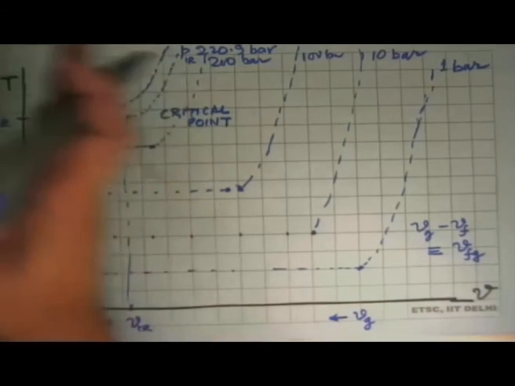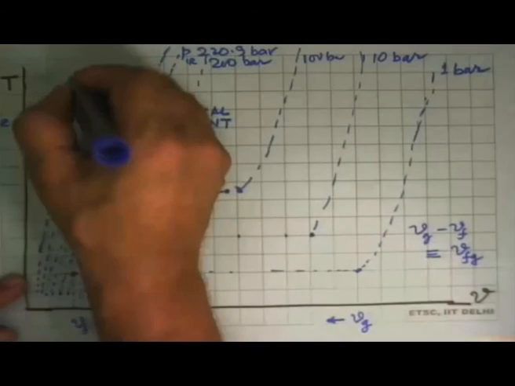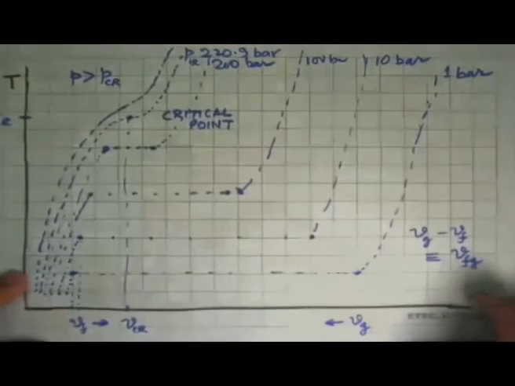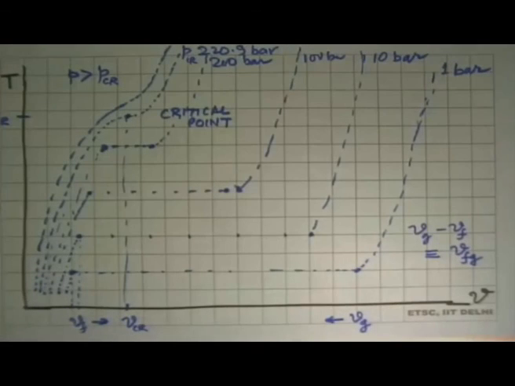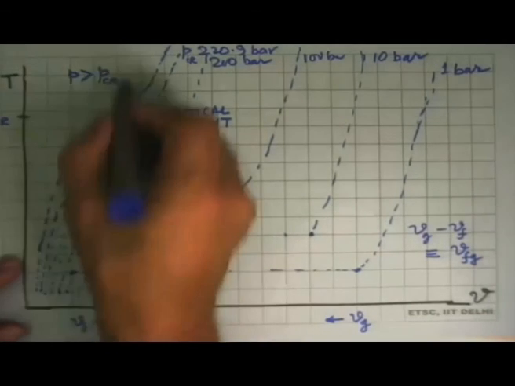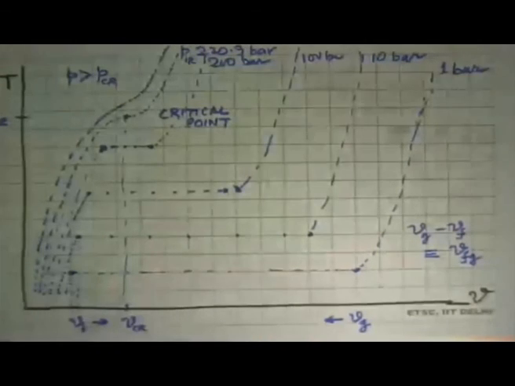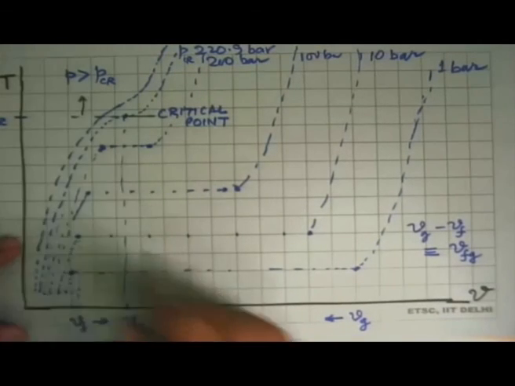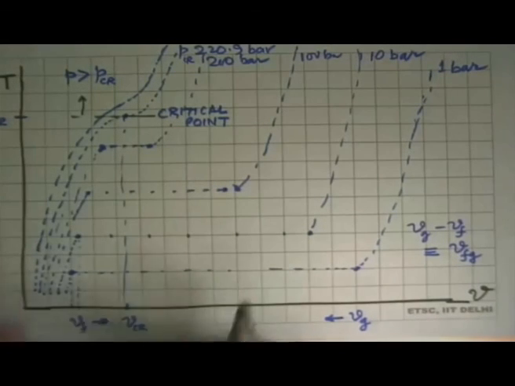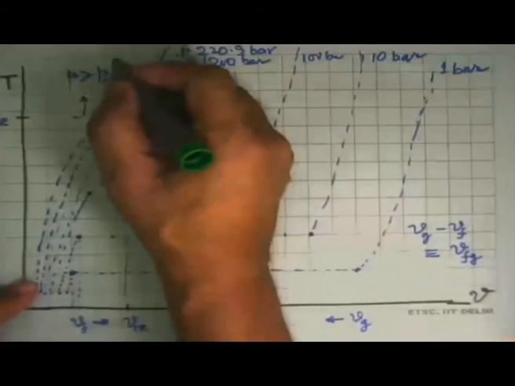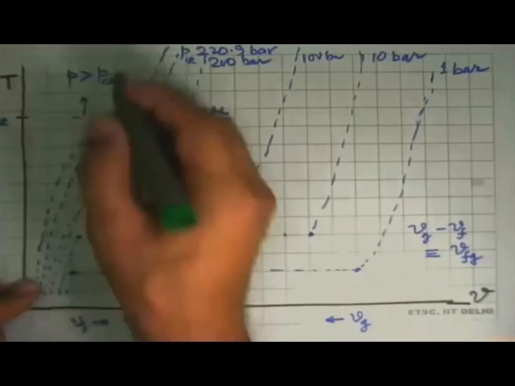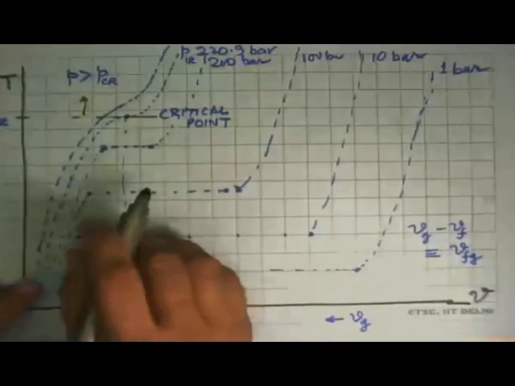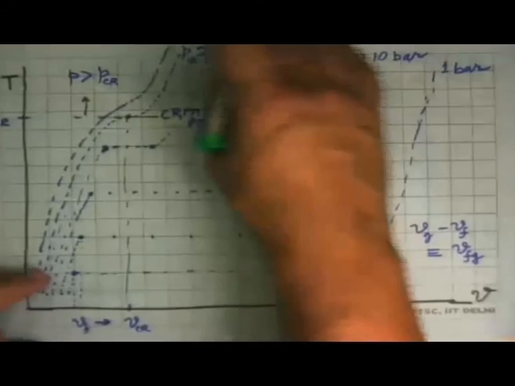So these are all states where pressure is more than critical pressure, and above this point temperature is more than critical temperature, and here we don't call it a compressed liquid or a superheated vapor. We just call it a critical fluid or a dense fluid or a supercritical fluid.